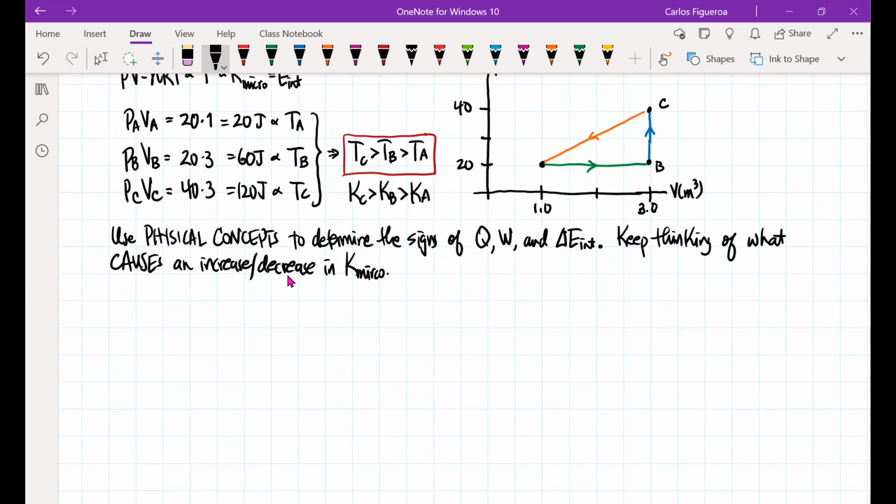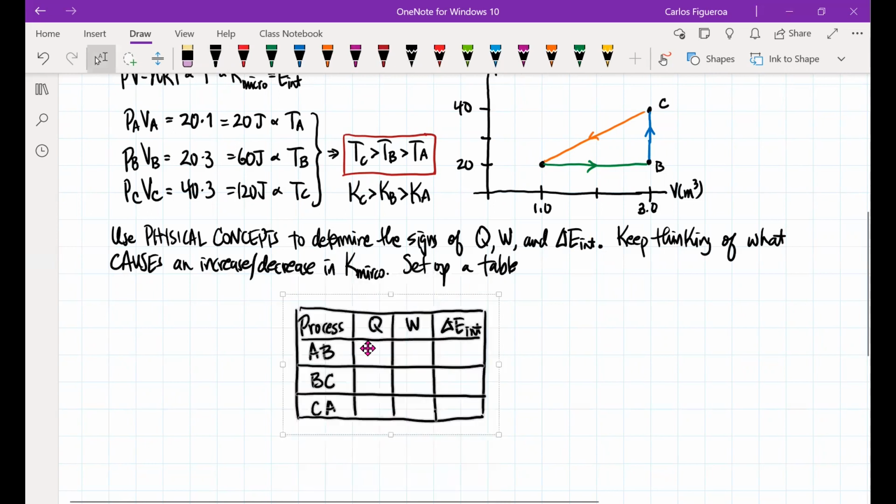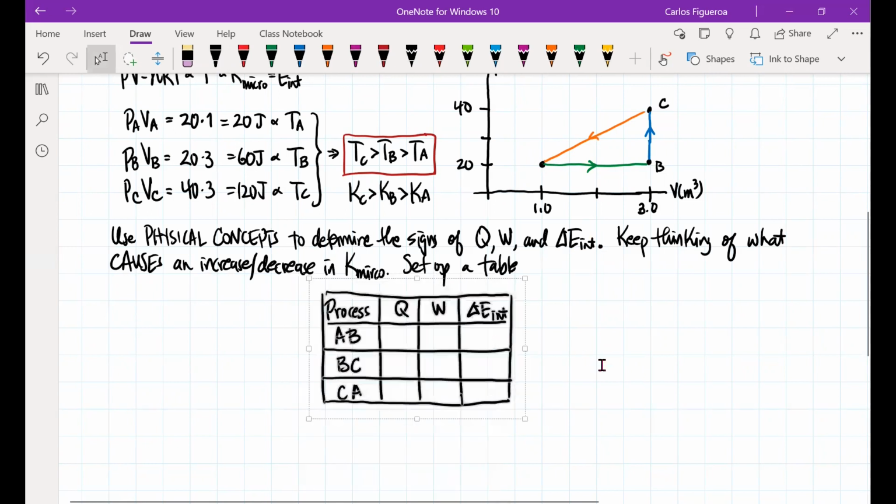Okay, so I'm going to set up a table to organize these signs. I've already set it up here. So here's my table right here. This is the format that I'm going to look at. Now I'm going to look at the first process from A to B, and you can see that this is an isobaric process.